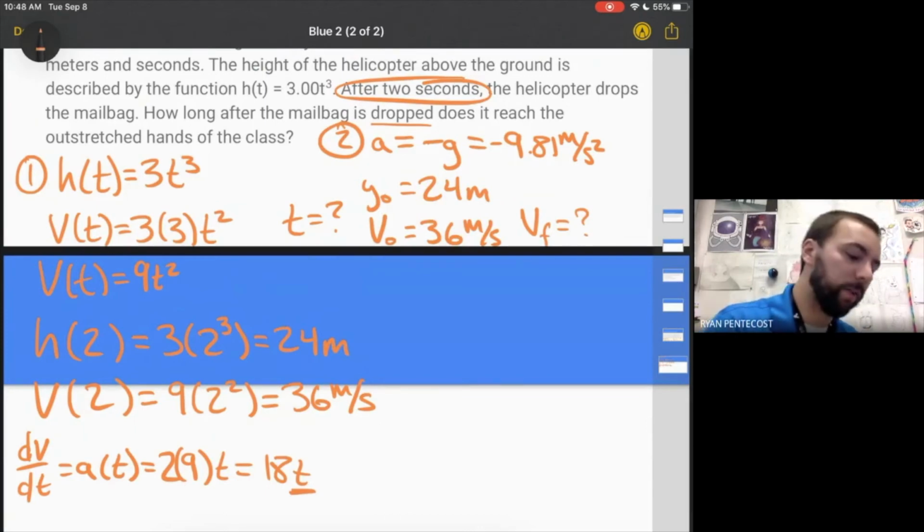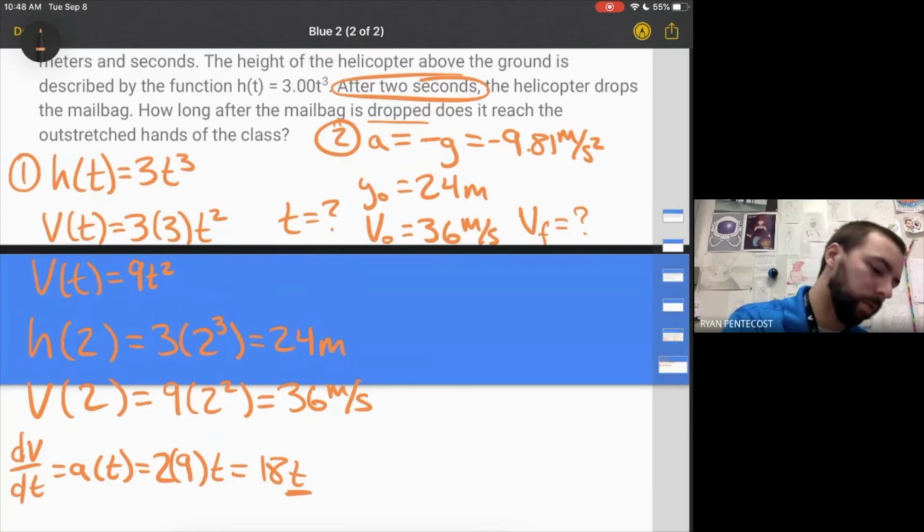If you don't have v final, let's write out our 3 oranges first. Orange 1: v final equals v naught plus at. Then, I'll put this in terms of y, delta y equals v naught t plus 1/2 at squared.